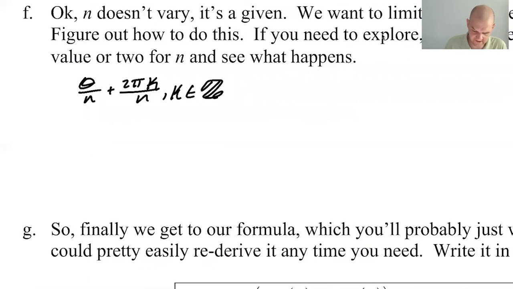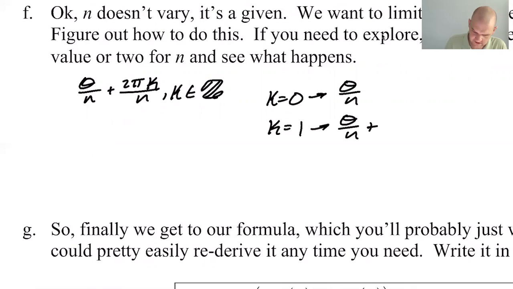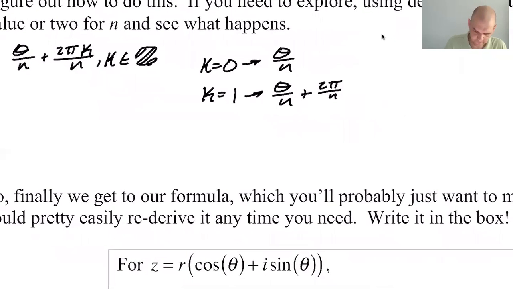If k is 0, then I just get theta divided by n. If k is 1, I get theta divided by n plus 2 pi over n. If k is 2, I'm going to get theta over n plus 2 pi over n times 2.